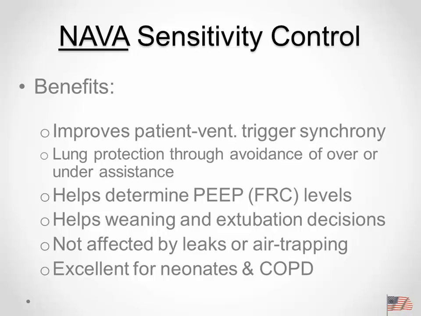In theory, helping weaning and extubation decisions. And it's not affected by leaks, not affected by air trapping because I'm not using the conventional methods to trigger it on and off. And it seems to really have found its home in neonatal. I know St. John ended up buying Servo I's simply because they wanted the ability to do NAVA.